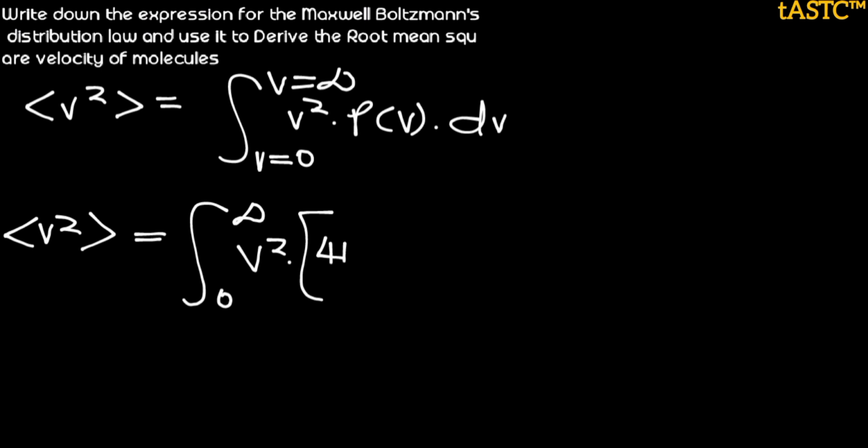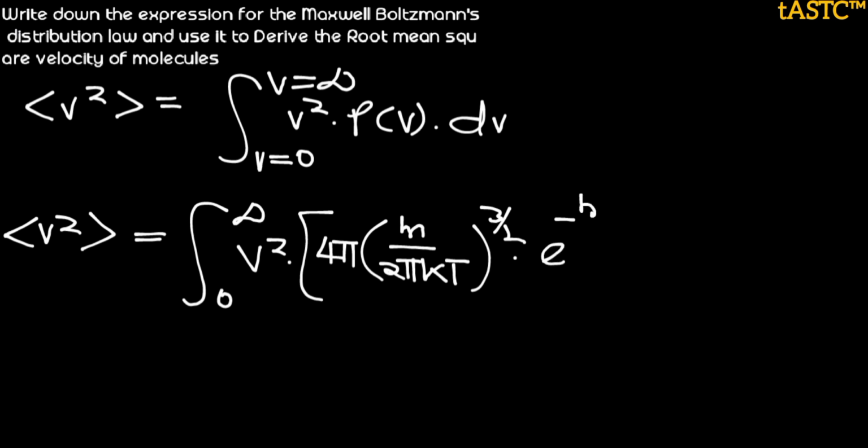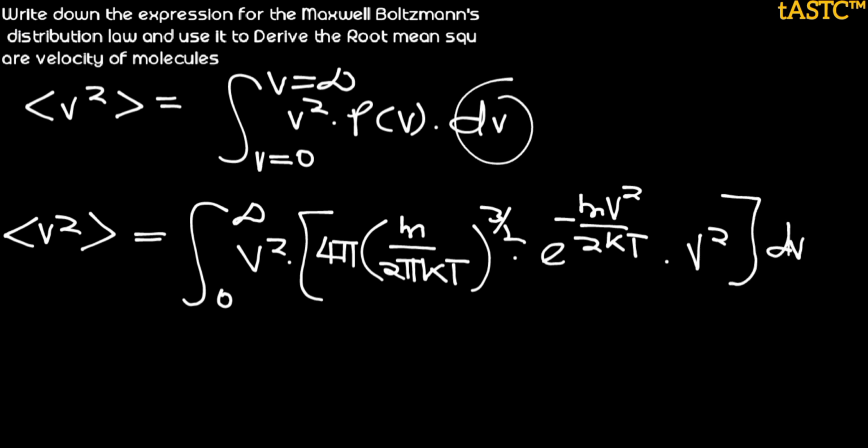That is 4 pi multiplied by m divided by 2 pi kT raised to the power of 3/2. This is multiplied by e raised to the power of negative mv squared divided by 2kT. This will be multiplied with v squared as usual, and this should be multiplied by dv for the fact that we got a dv over there.